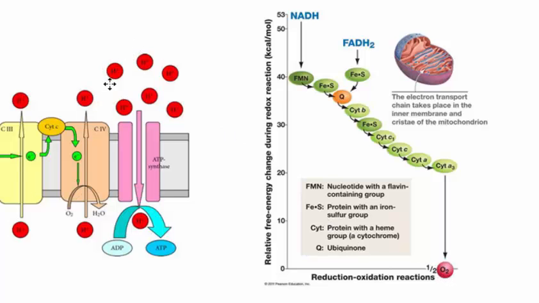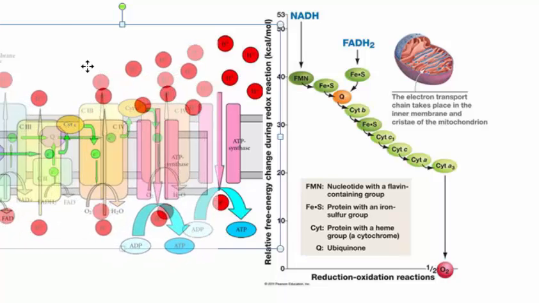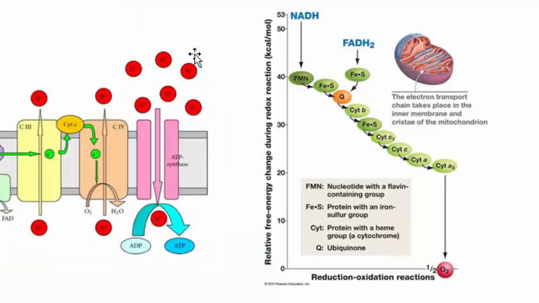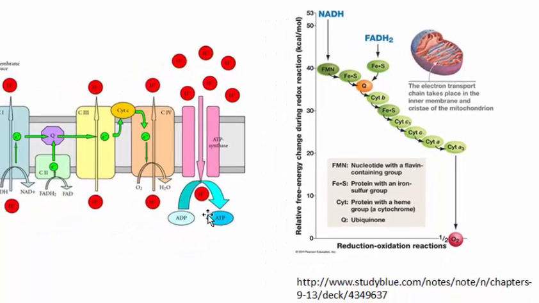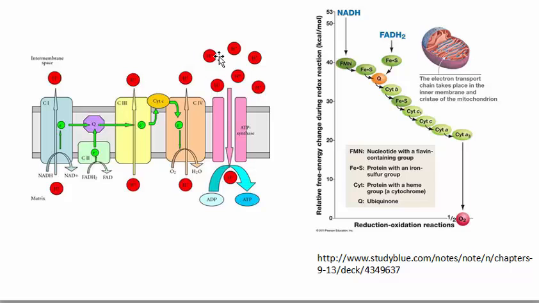When you create an imbalance between the outside of that inner membrane in the intermembrane space and the matrix, the H pluses want to flow back towards the matrix. And when they do that, they flow through this molecule called ATP synthase.